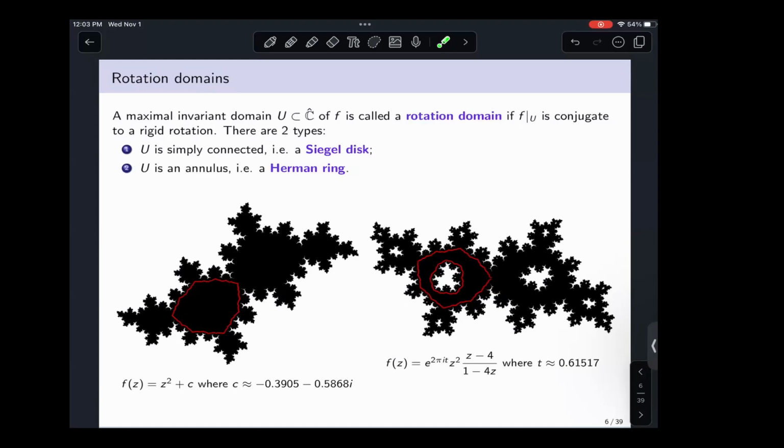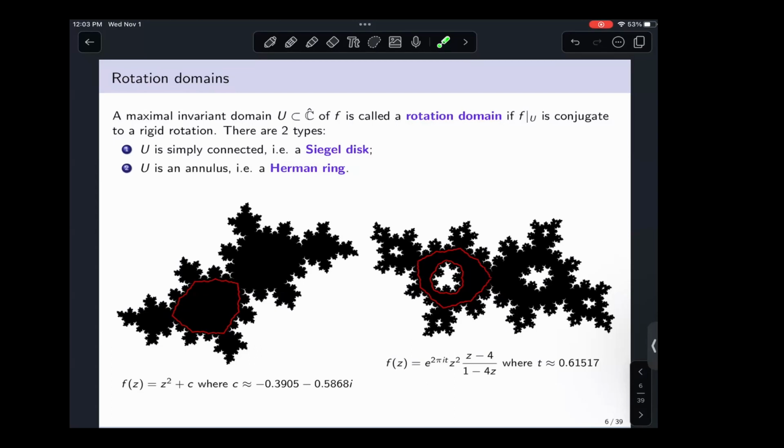And in fact, this is just an algebraic computation. And then if I make the argument to be, say, the golden mean, this is actually the corresponding Siegel disk I have. So historically, Siegel disks were realized by the study of analytic linearization of neutral fixed points. And the one on the right here is an example of a Herman ring.